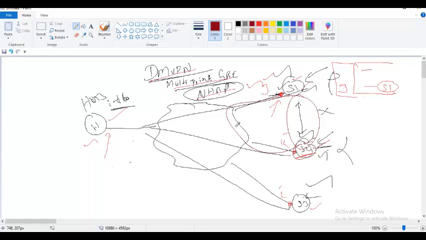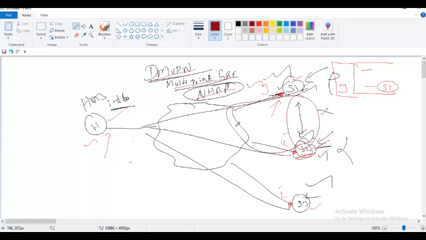So let me restart the story in a different angle. You have a hub. Hub has got only one tunnel interface. And it is going to form tunnel with multiple endpoints depending on the number of spokes.